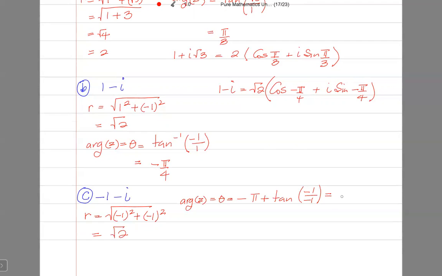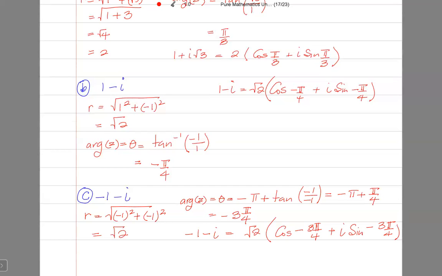So this is minus pi plus pi by 4, which is minus 3 pi by 4. So minus 1 minus i is equal to root 2, the cosine of minus 3 pi by 4 plus i sine minus 3 pi by 4.